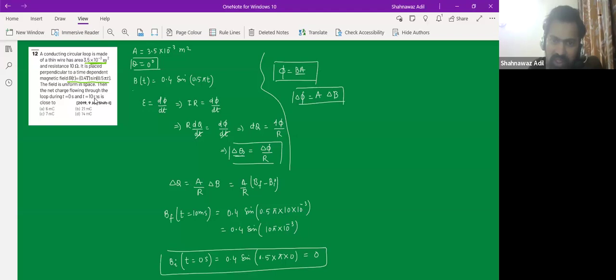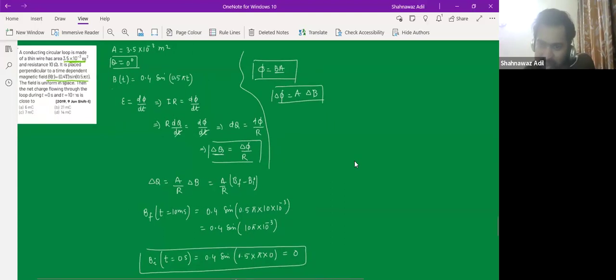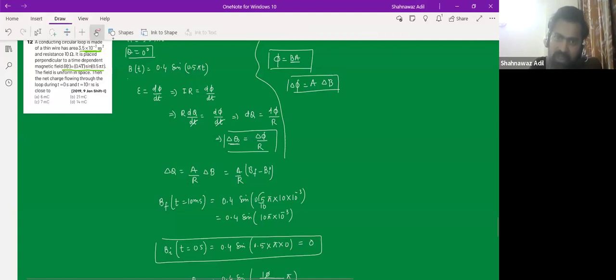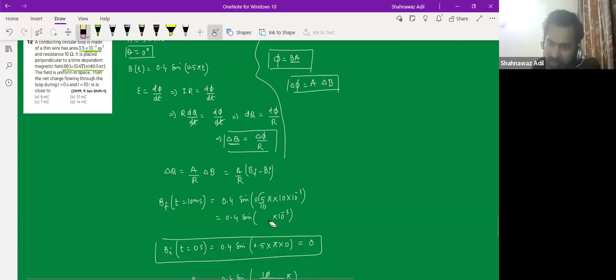So if it is second, then the answers would be different, right? So this would be simply 5 pi, right? So this is 0.5, this divides by 10. So this is 5 pi. Let me correct this. This is 5 pi.